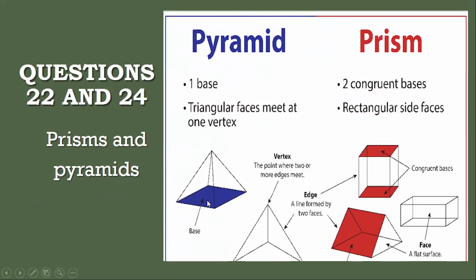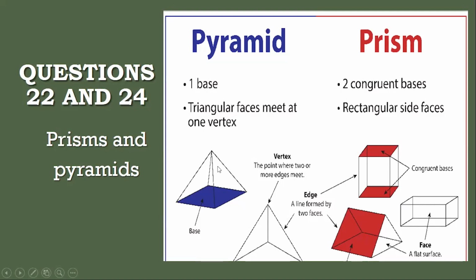We have a base, and when the base folds up to one single point at the top, then it is a pyramid. Think of the pyramids of Egypt. It has a base, and all of the faces are triangular, and they meet in one point, called a vertex, at the top.